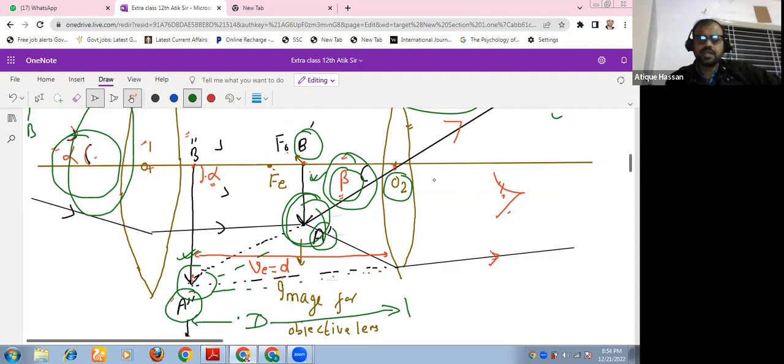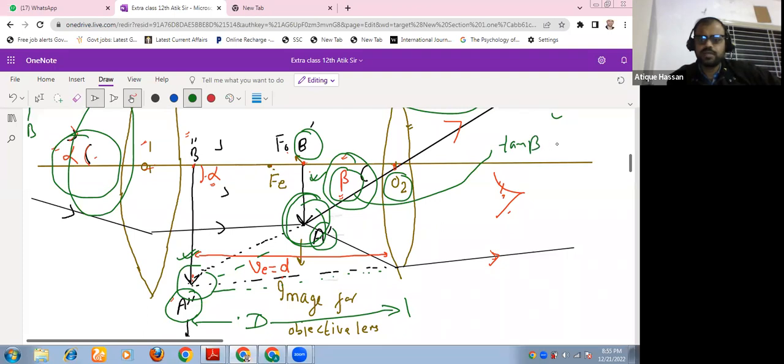Here in the triangle, if you want to find the angle beta, you have to see the triangle A dash B dash O2. So it is clear from the diagram that you can write tan beta.